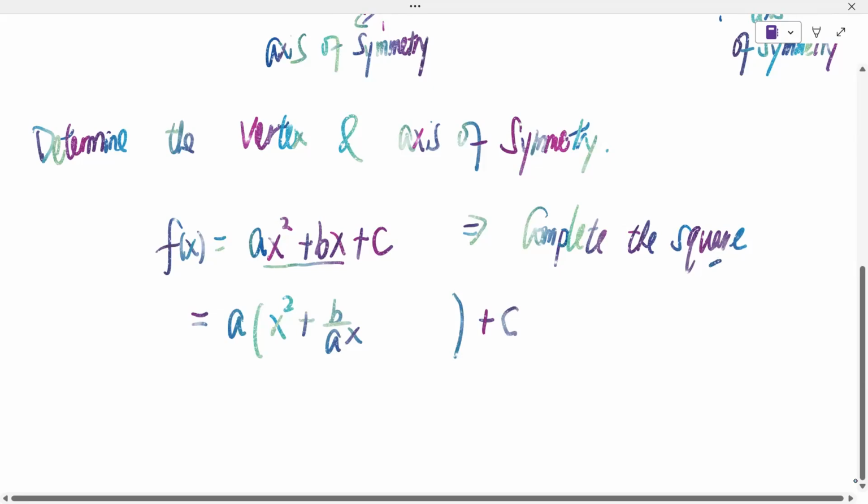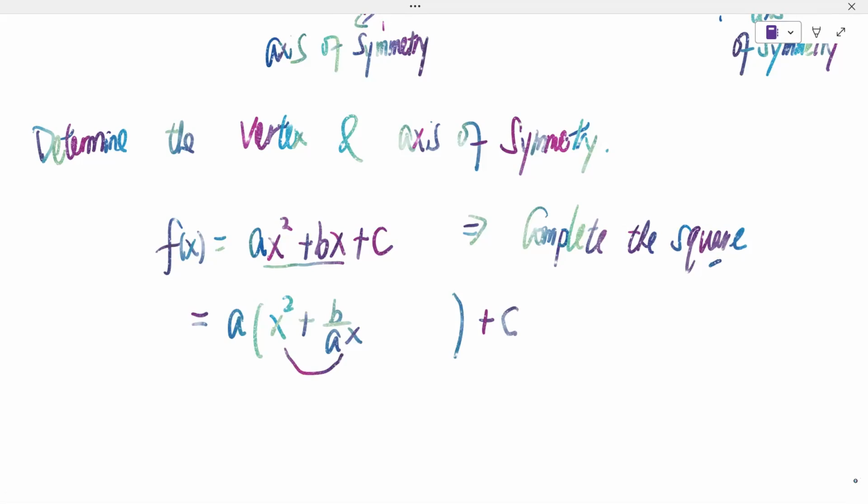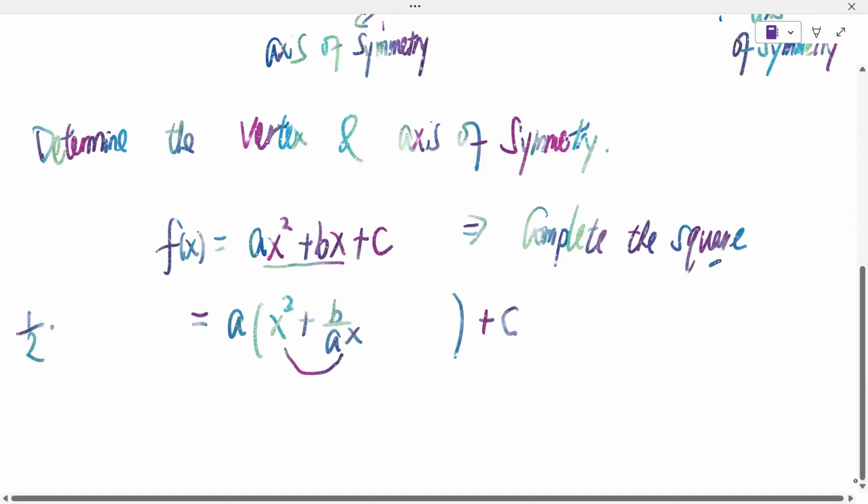We need a perfect square. Besides these two terms, we need one more term to get a perfect square. This term is: you take the middle coefficient and, very important, take half of the middle coefficient, b over a. Now we end up with b over 2a.